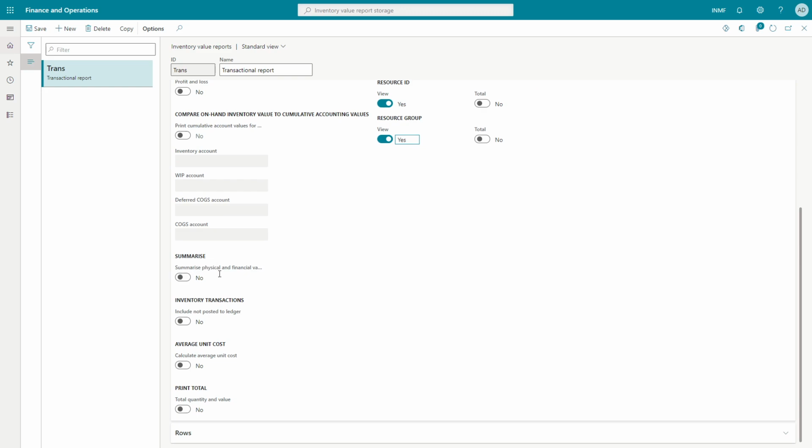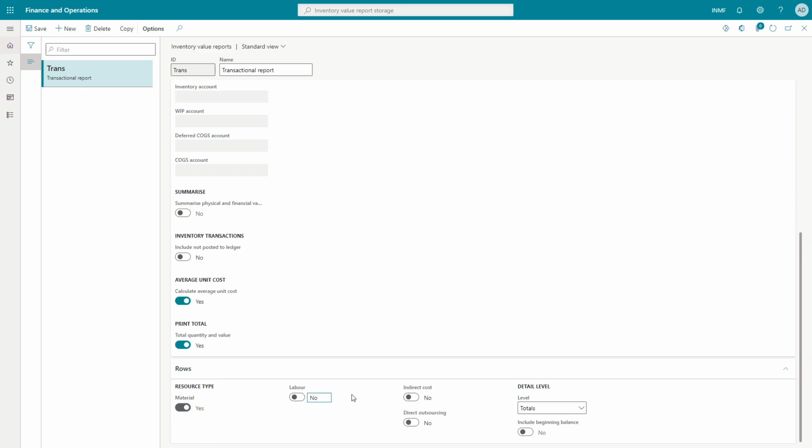I want to see physical and financial in separate columns. Average unit cost, total quantity and value columns. In rows, I will say I want to see transaction with opening. Okay, so this is my definition for looking at opening, transactional data and closing.